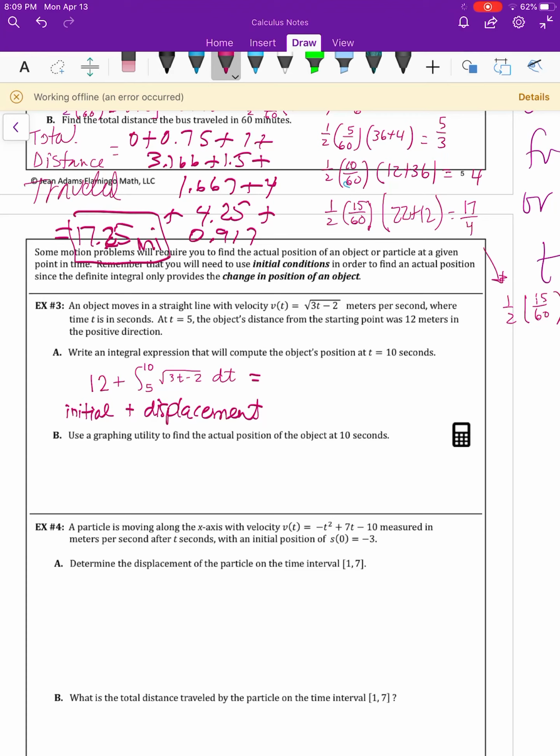And I went ahead and did this out, I did all the U substitution and did it perfectly. But it had a little calculator by it.